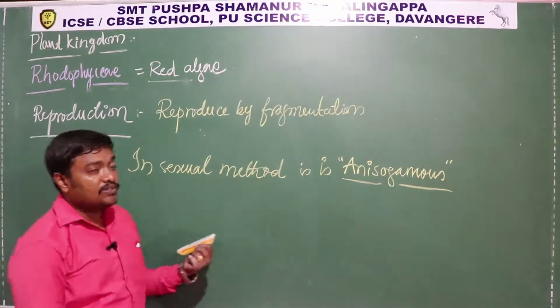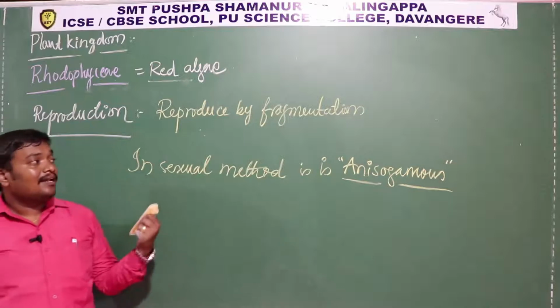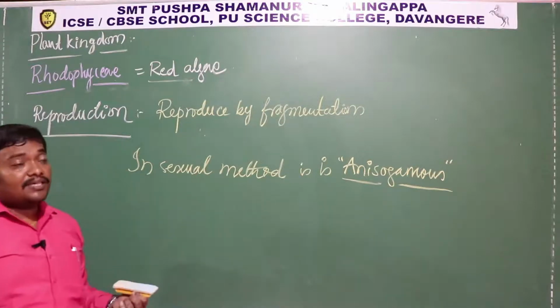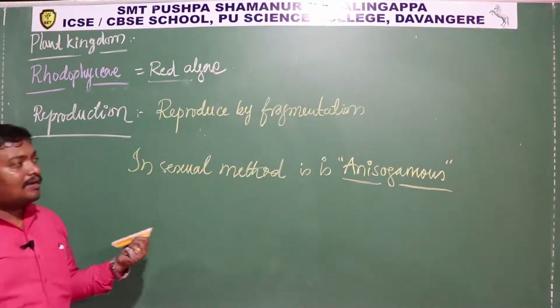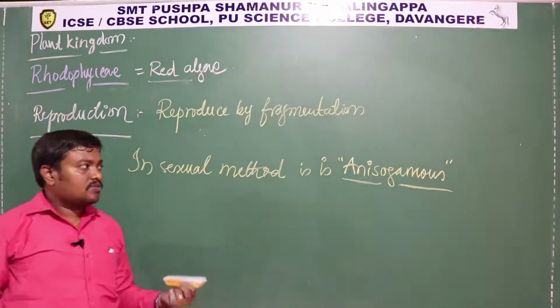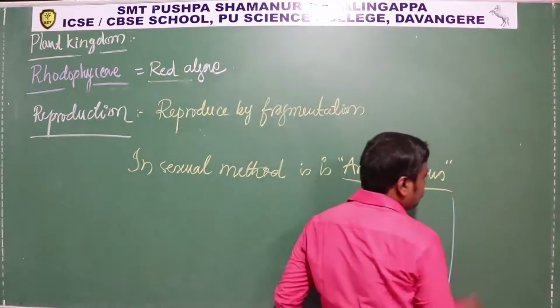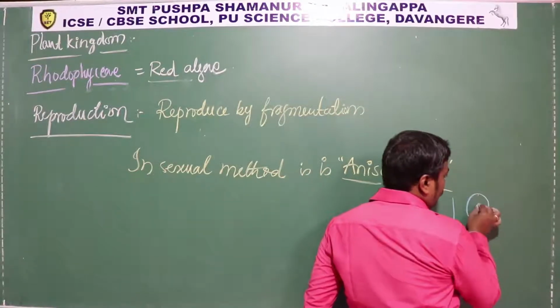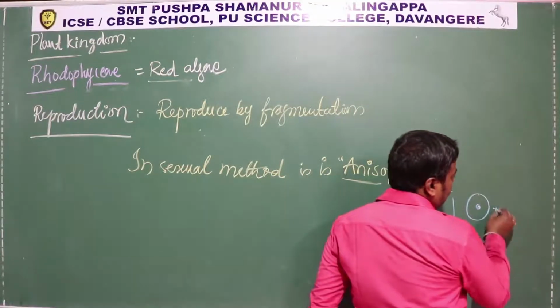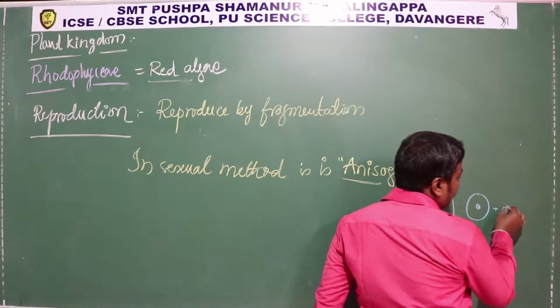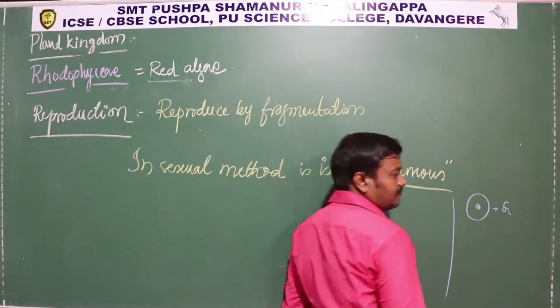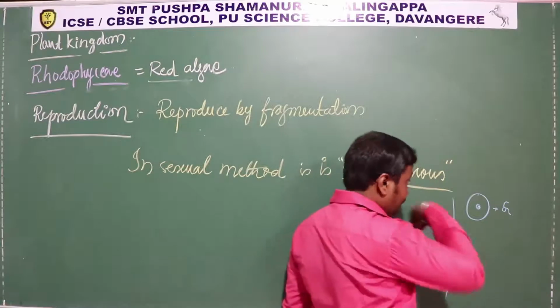In case of anisogamous, there is a larger female gamete and a smaller male motile gamete. So anisogamous has different types, like larger non-motile female and motile male. Okay, so this is also anisogamous.